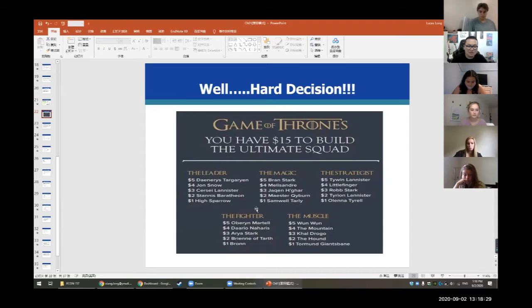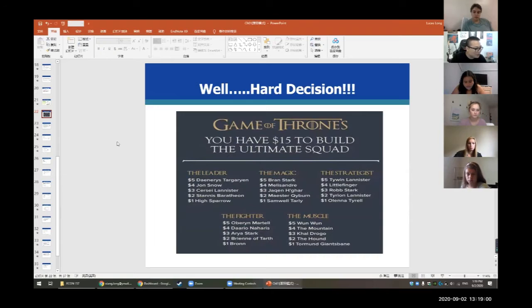Some people will always choose the most powerful one, and that will cost you $5, but you don't have enough money, right? The resource is limited. So how to make the best choice? That's the thing we need to find out, and that's what the economics class is trying to teach you: using limited resources to make the best decision. Very hard decision. This is what we're going to study in this class.